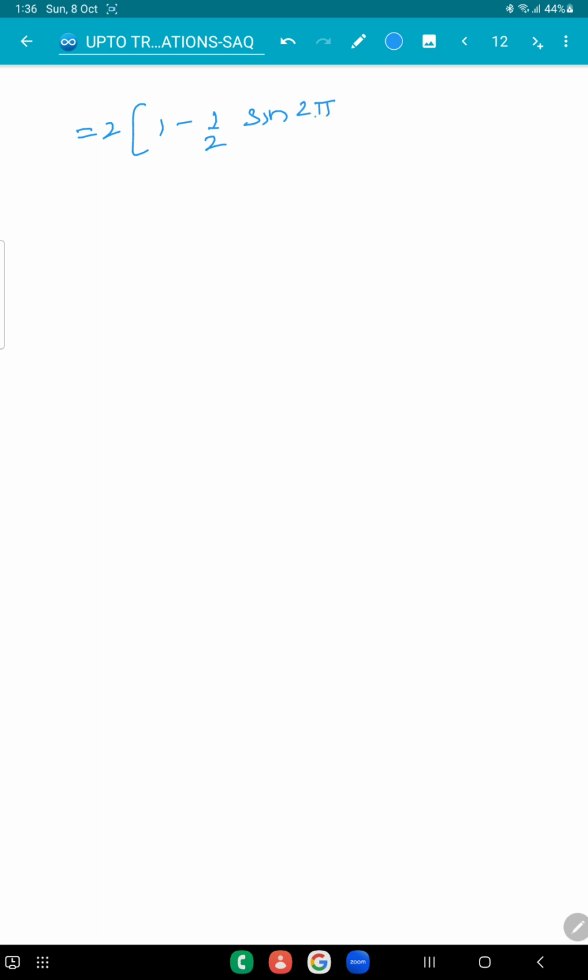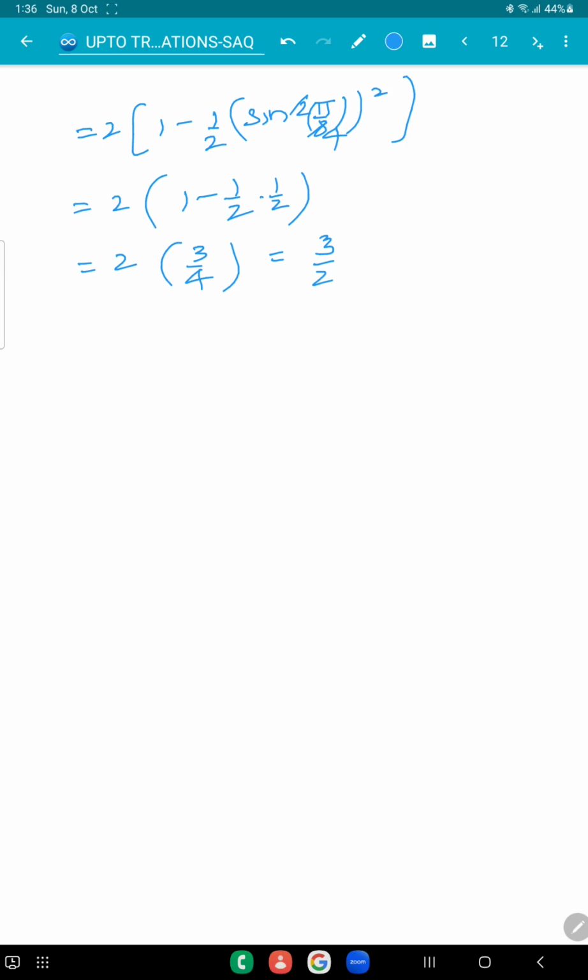Sin 2 into pi by 8 whole square. It becomes pi by 4, right? Sin pi by 4 whole square is 1 by root 2 whole square, that is 1 by 2. 1 minus 1 by 4 is 3 by 4. That is 3 by 2, that is equal to right hand side.